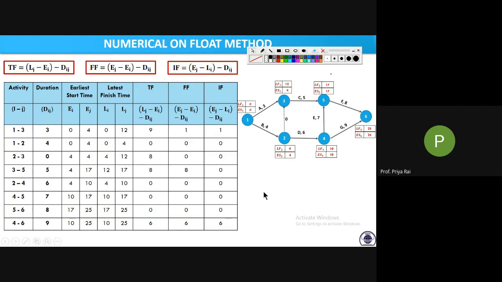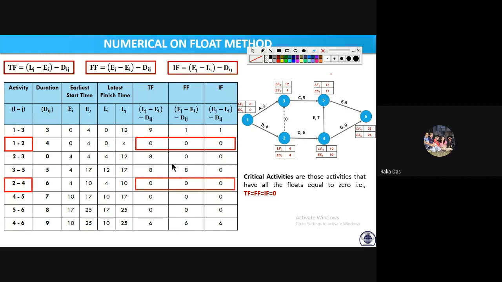Now tell me, which activity is the critical activity first? 1 to 2, then 2 to 4, then 4 to 5, then 5 to 6.